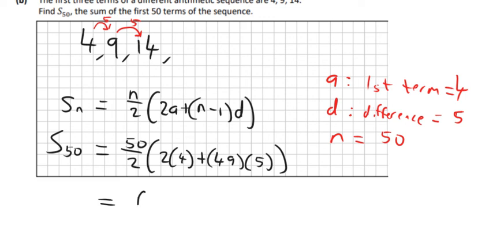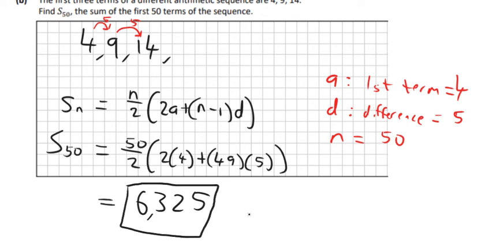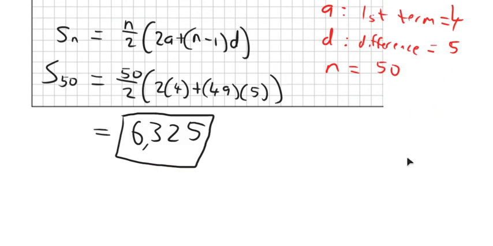It should give you 6,325. So if we found the first 50 terms of that sequence and added them all together, that's what it would give you. That formula calculates it really quickly, so it makes it easy. That's all you have to do for that question.